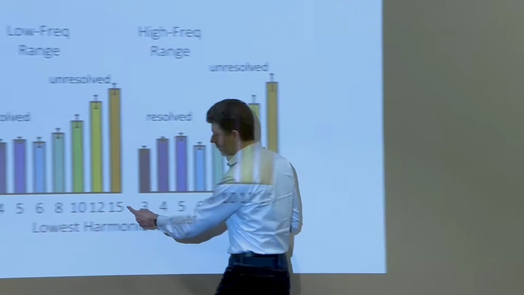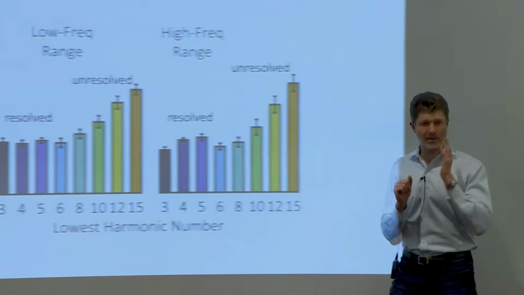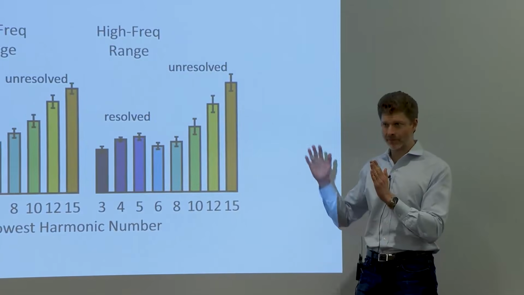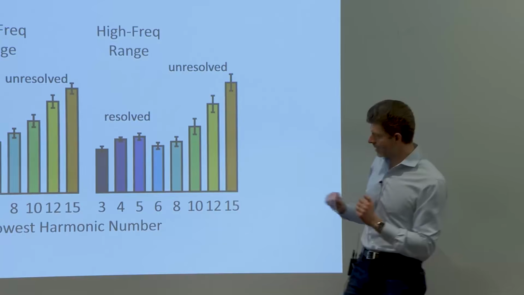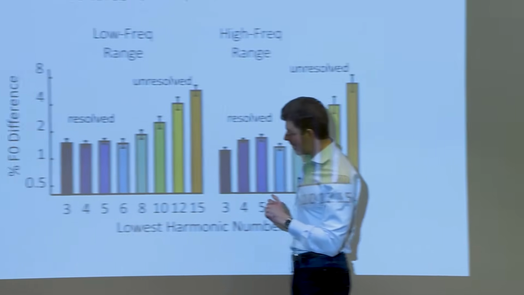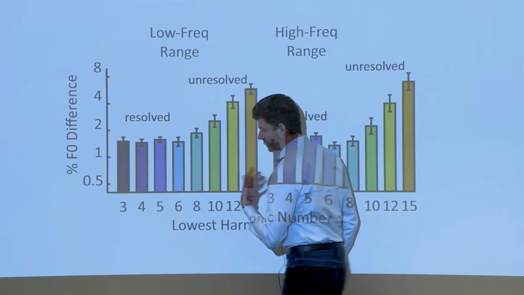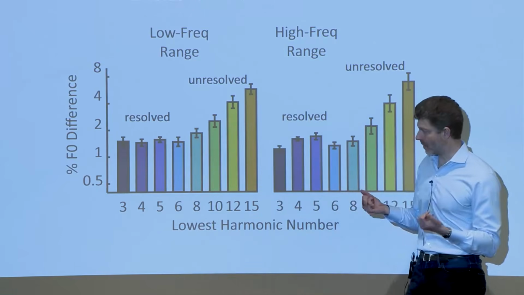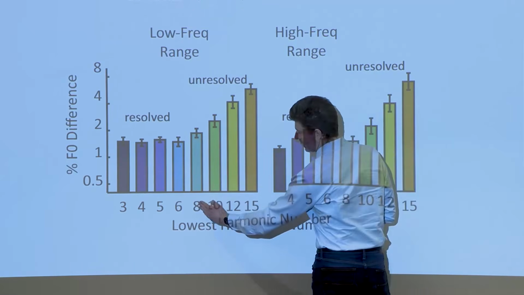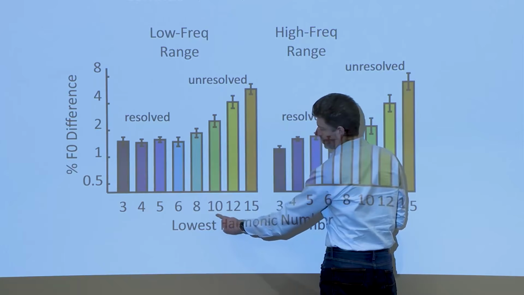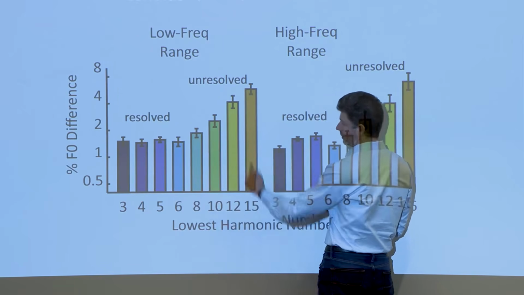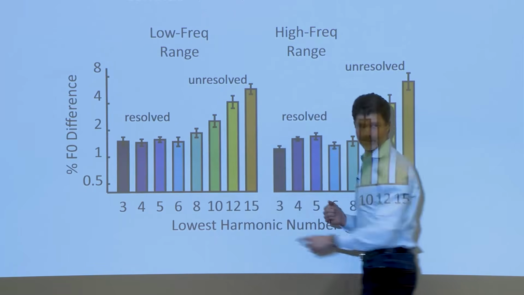If the lowest harmonic number is 10, that means that you start with the 10th harmonic, and you have 10, 11, 12, 13, 14, 15. Okay? And so what is evident from this results graph is that thresholds tend to be pretty good when the stimulus includes low-numbered harmonics. And then as you start to lose those low-numbered harmonics, so when the lowest harmonic number is 8 or 10 or 12 or 15, the thresholds increase. Okay?